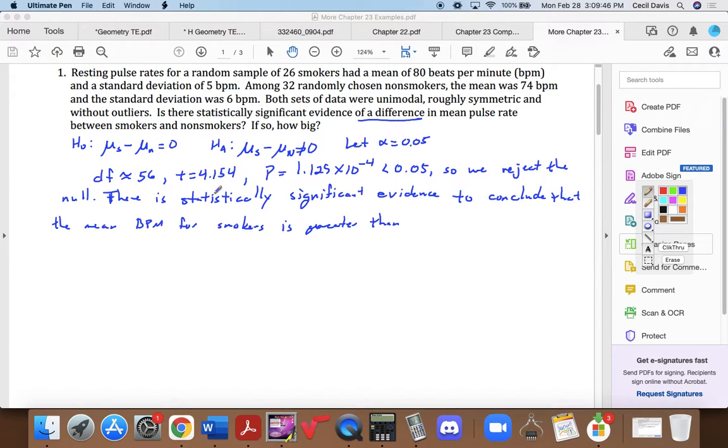And the reason I know that it's greater than is because I got a t-value that's positive. What I really want to get to on this one is the confidence interval. So see if you can do the confidence interval for this.